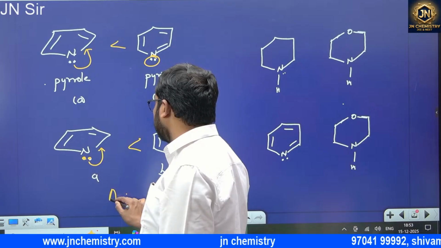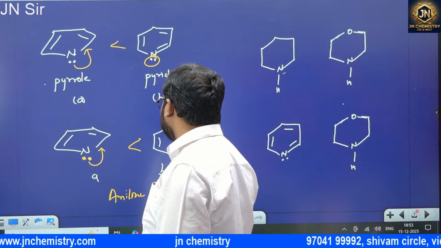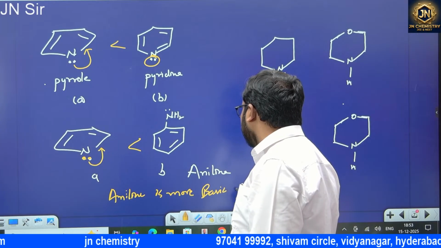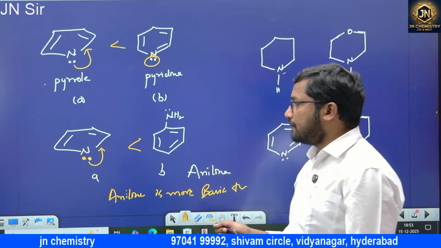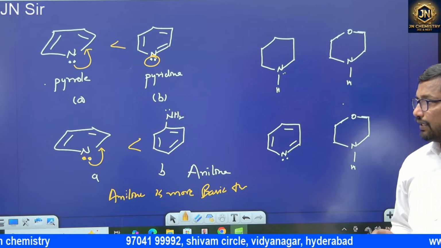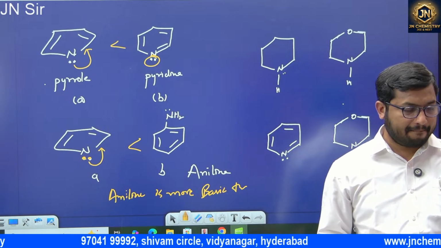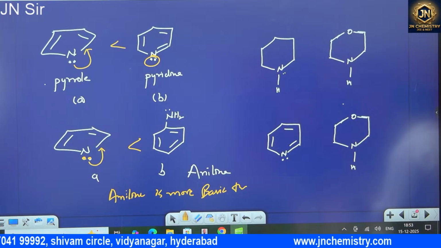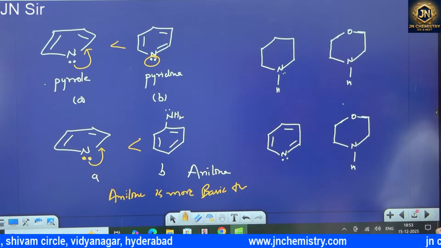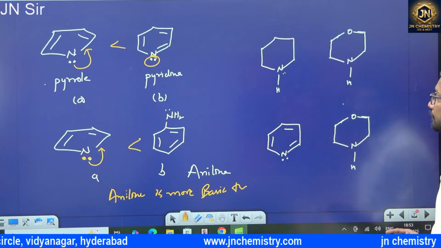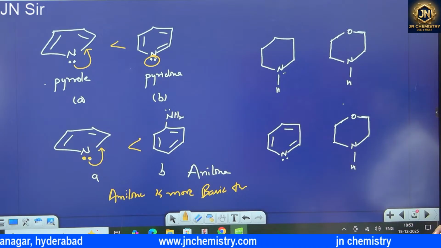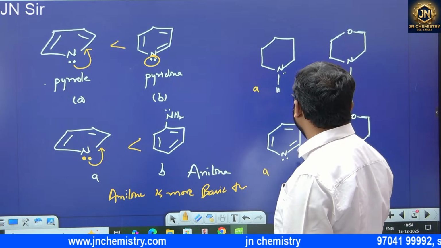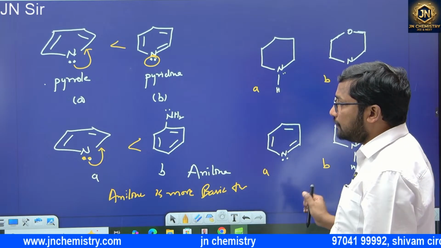Aniline is more basic than pyrrole. Completed?